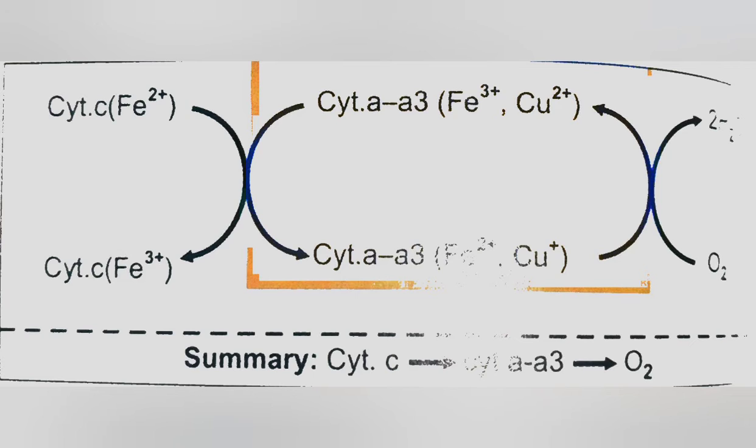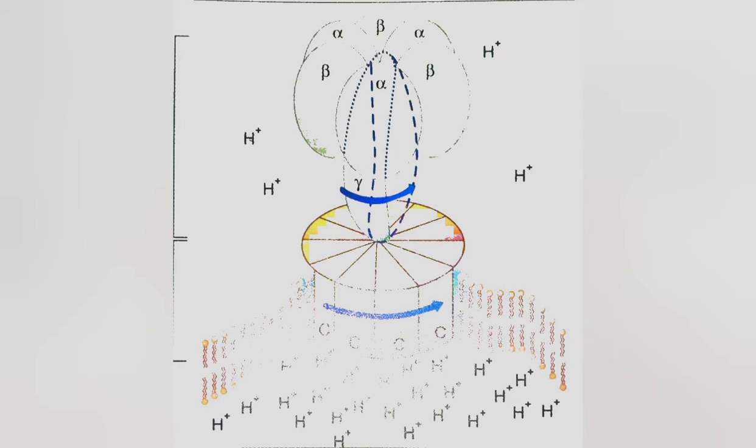Now after electrons are transferred to oxygen, 2 protons are pumped out to the intermembrane space. You must remember this, that the electrons, no, not the electrons, but the protons are pumped out to the intermembrane space.